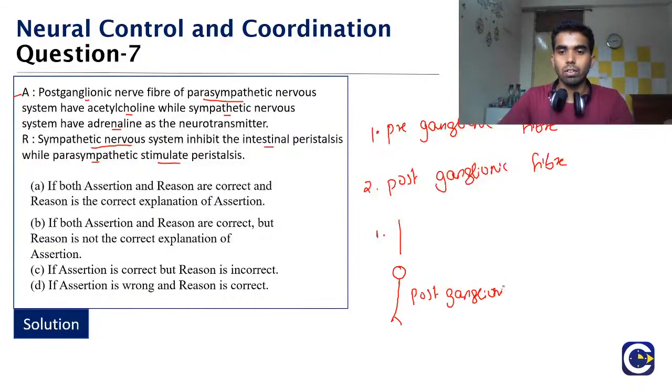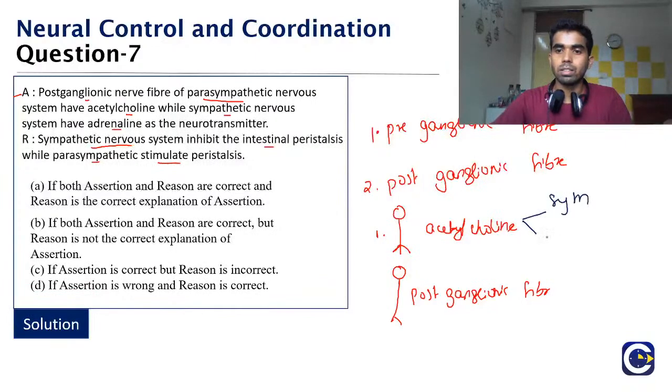postganglionic nerve fiber. So I should tell you that the preganglionic nerve fiber releases acetylcholine, and the acetylcholine in the preganglionic nerve fiber is released in both sympathetic nervous system and the parasympathetic nervous system. But there is difference when it comes to the postganglionic nerve fiber.